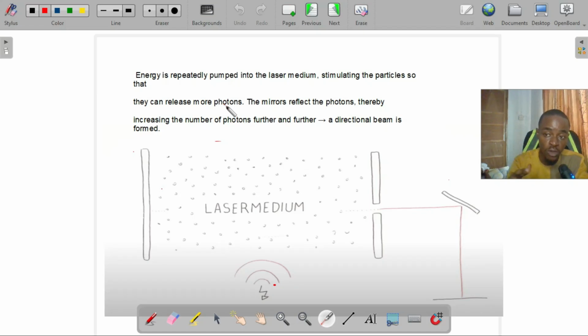So the reoccurrence of these photons is how it generates. Now it increases the number of photons, and further and further a directional beam is formed.